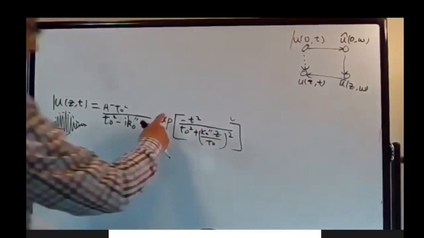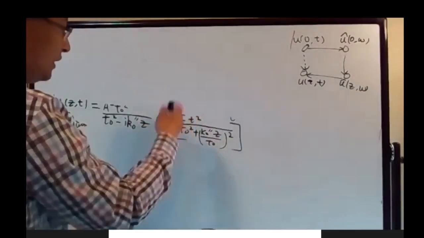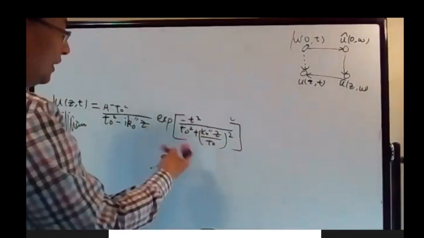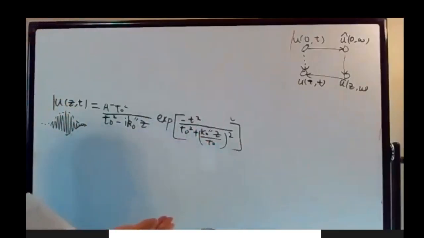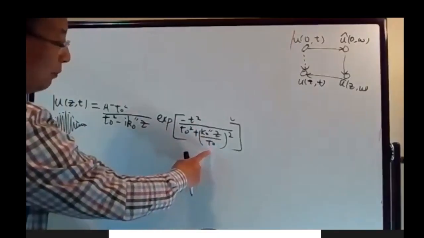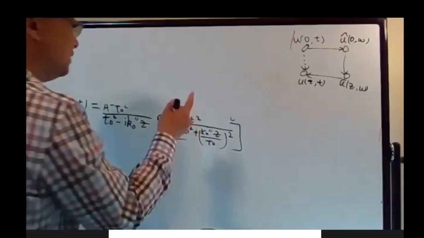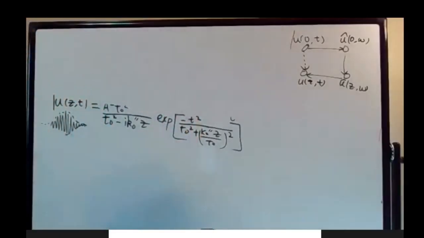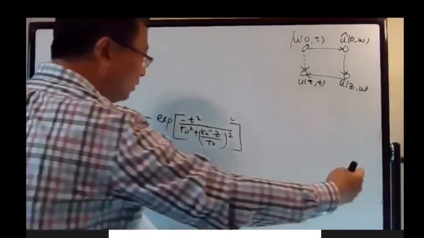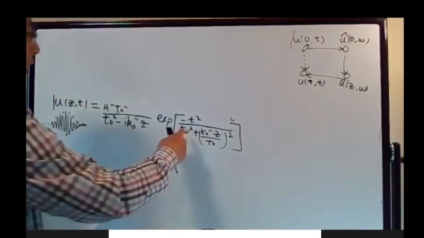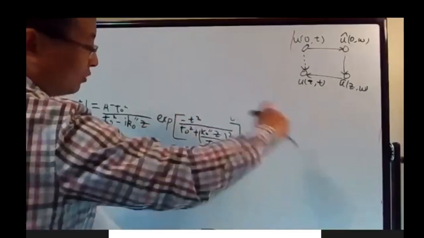We can see it is still Gaussian. t is the variable, T₀ is the initial pulse width. k₀'' and T₀ are fixed numbers. As long as your initial pulse and the dispersion in the fiber are determined, this is all determined. z is the propagation, so it is Gaussian, but for different z we have a different Gaussian function.